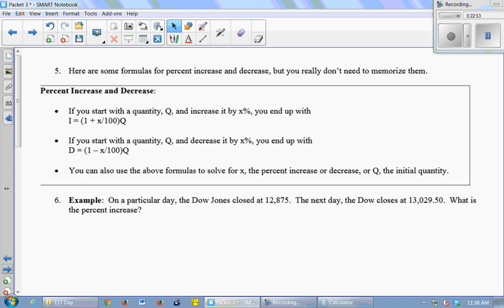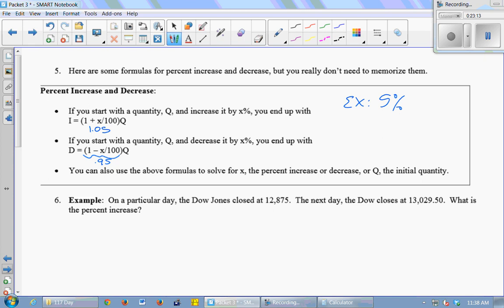So when we decreased by 5%, we multiplied by 0.95, right? To increase by 5%, you would multiply by 1.05. To decrease by 5%, you'd multiply by 0.95.